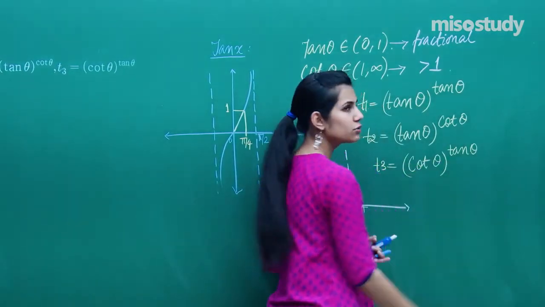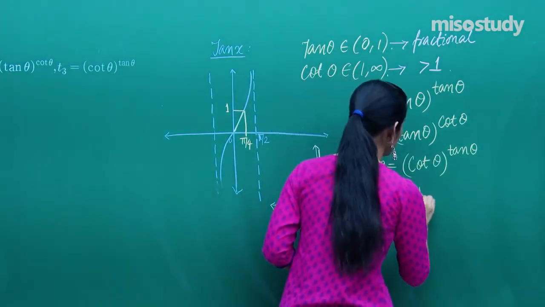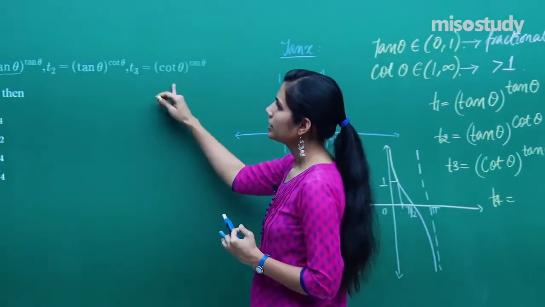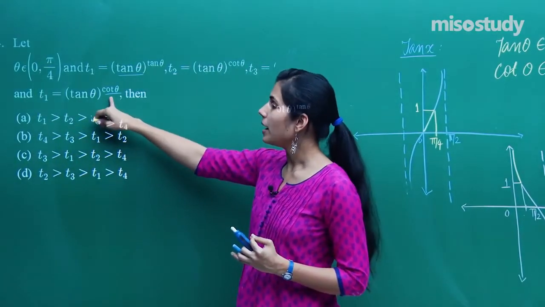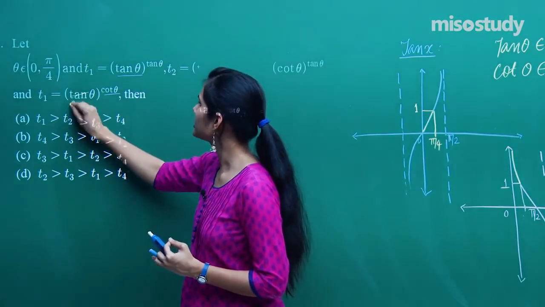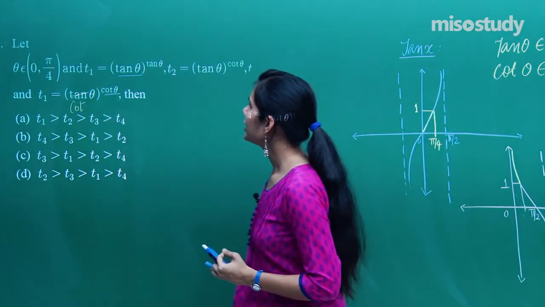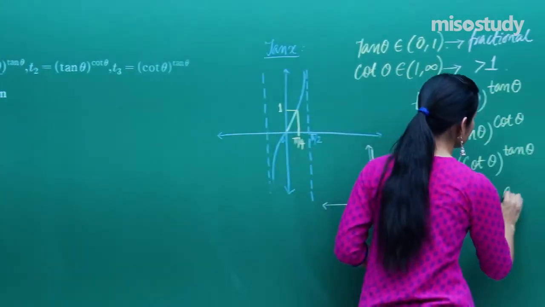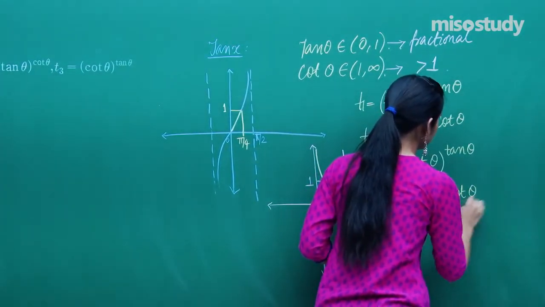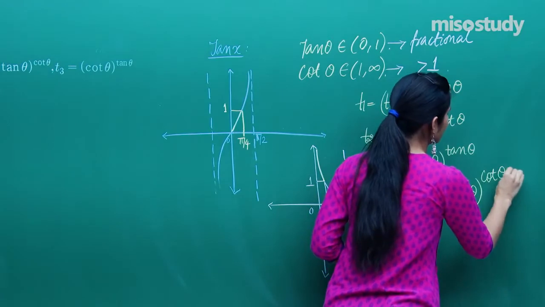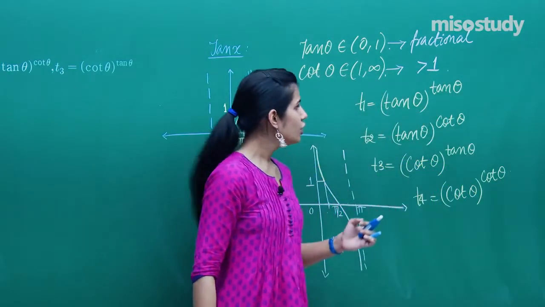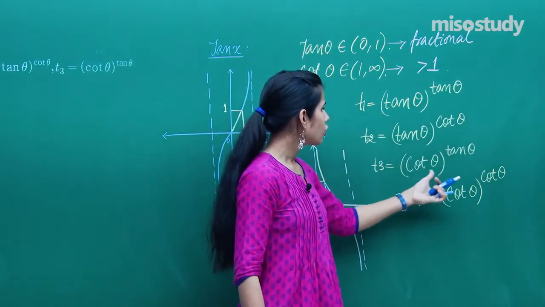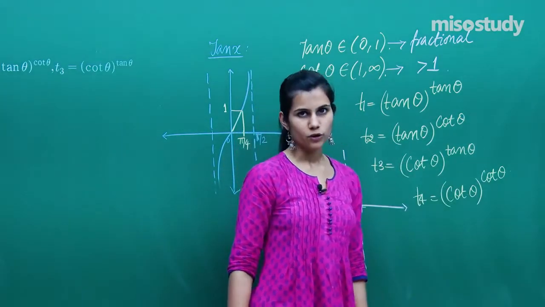Number greater than 1 to the power fractional. T4 is cot theta. Here it would have been cot theta to the power cot theta, because the question basically tried to give you number greater than 1 to the power number greater than 1. So, T4 is cot theta to the power cot theta. So, you have tan theta to the power tan theta, tan to the power cot, cot to the power tan and cot to the power cot.